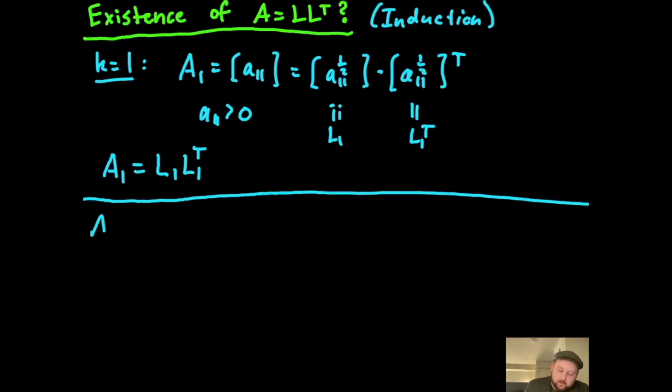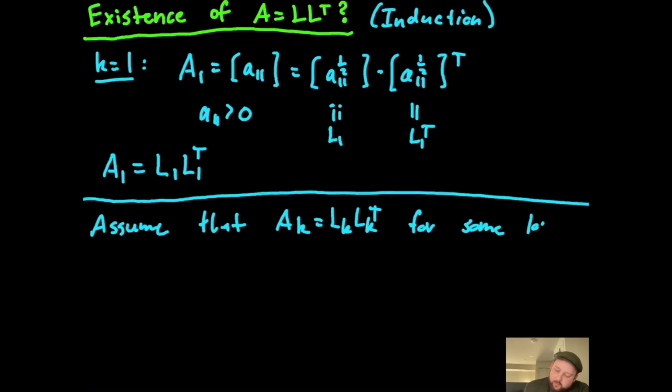What we're going to do is assume that we can always Cholesky factorize the A-kth leading principal submatrix. So assume that AK is equal to LK LK transpose for some lower triangular matrix LK, which is K by K, because that's the dimension of LK.